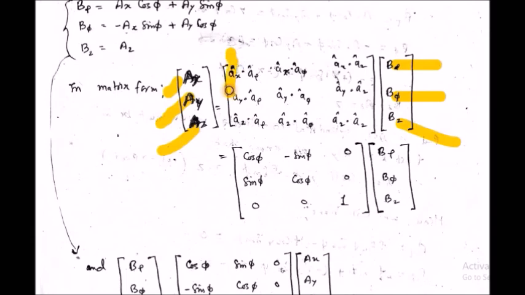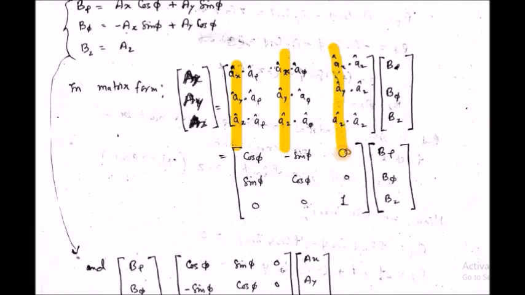It will be b rho, b phi, bz, b rho, b phi, bz, b rho, b phi, bz dot this, which will be ax, ay, az, ax, ay, az, ax, ay, az. So the thing that you have to remember here is that this term will be in the vertical direction.